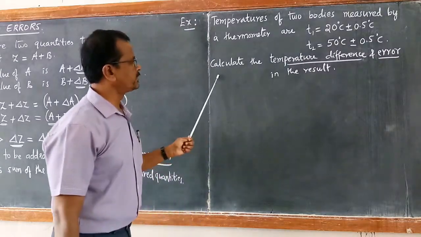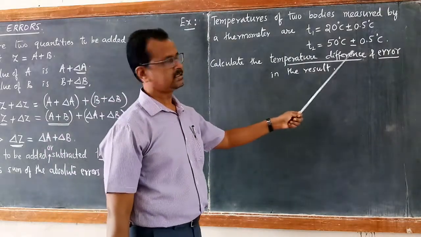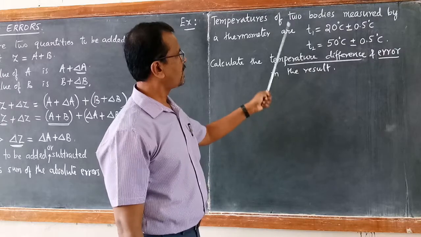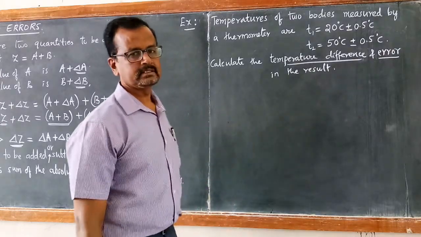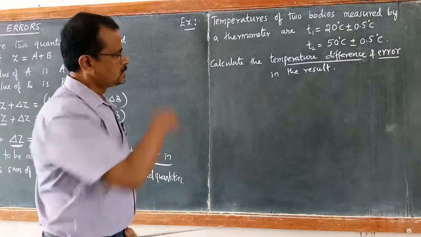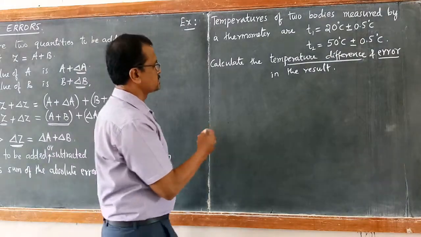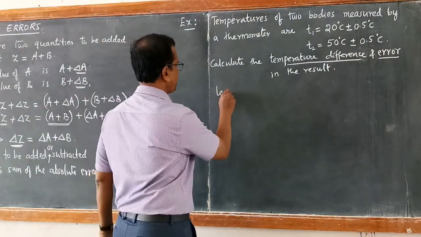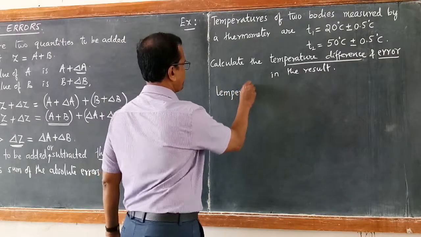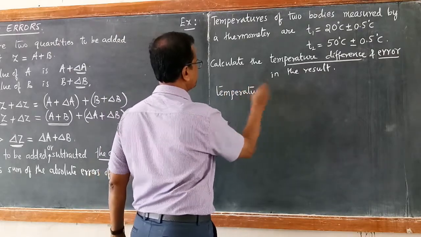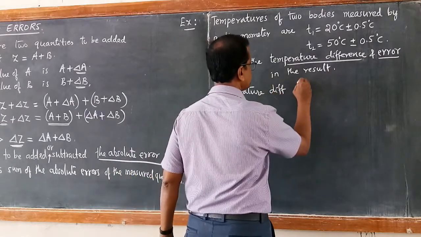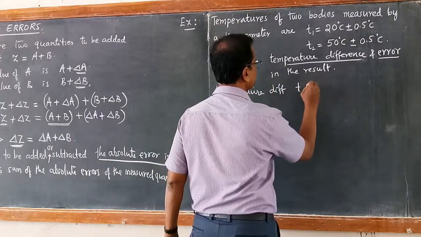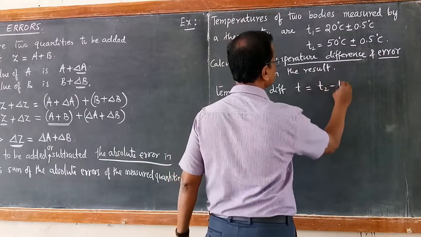So you are asked to calculate the temperature difference of these two bodies and the error therein in the result. Temperature difference is equal to, let us take this one as T, T equal to T2 minus T1.